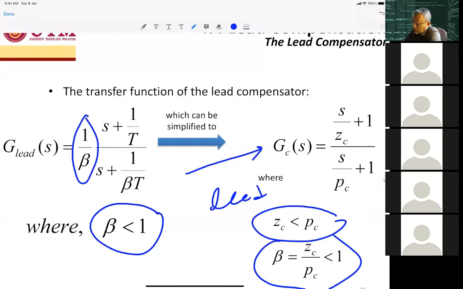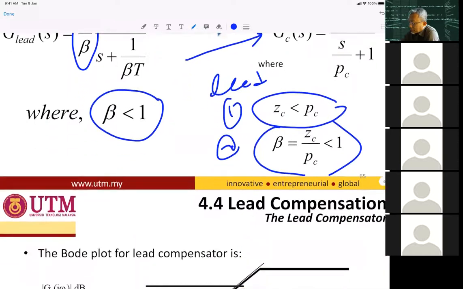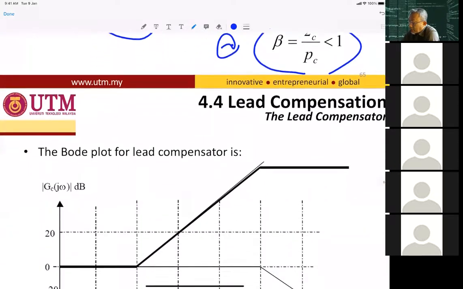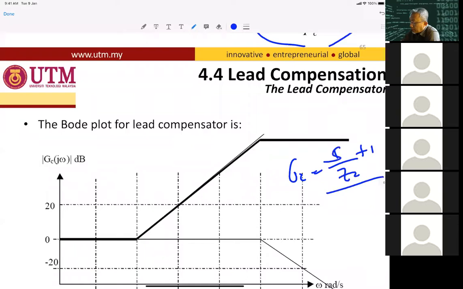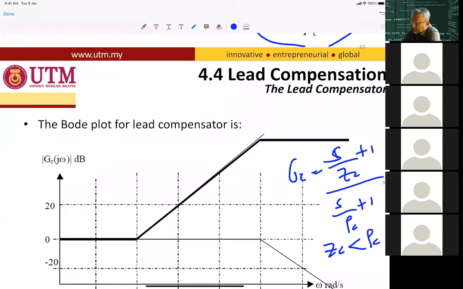So these are the two important elements in the structure of the compensator. Right, so Gc is equal to (S/ZC plus 1) divided by (S/PC plus 1), where ZC is less than PC.